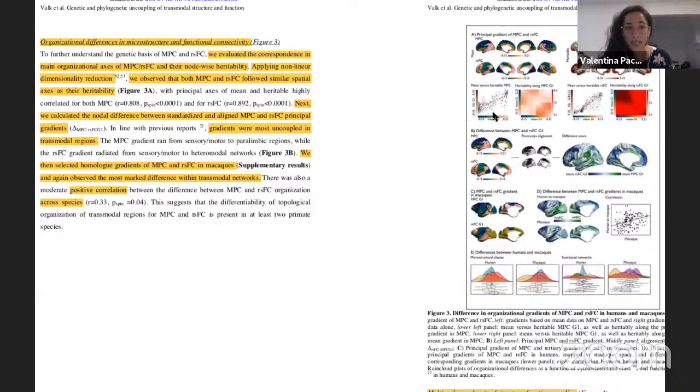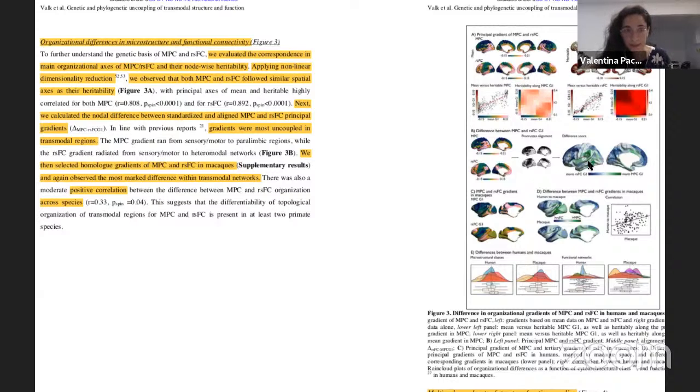Then they calculated the nodal differences between the standardized and aligned structural and functional gradients, and they observed that the gradients were most uncoupled in the transmodal systems.